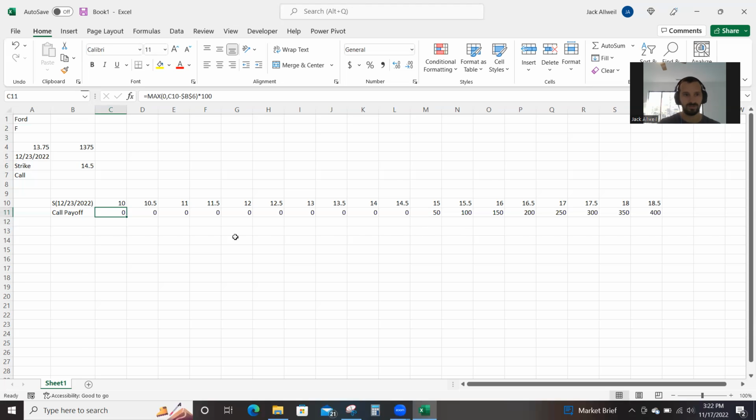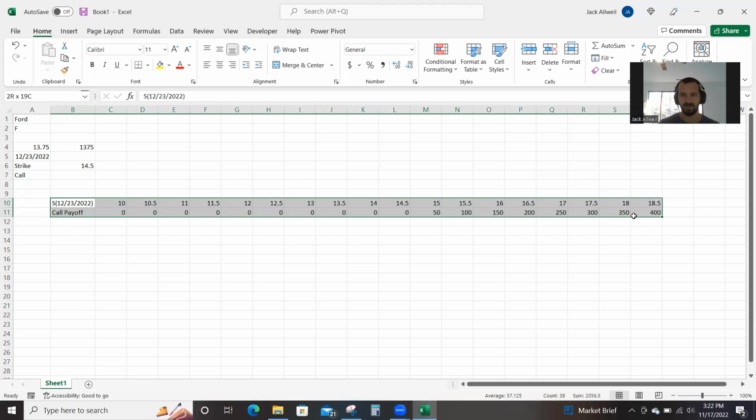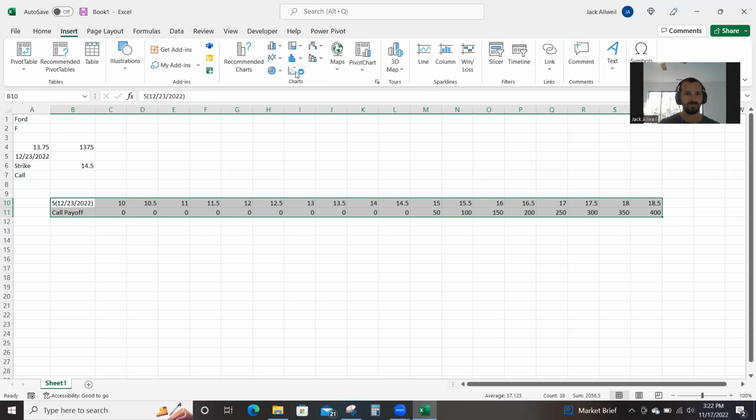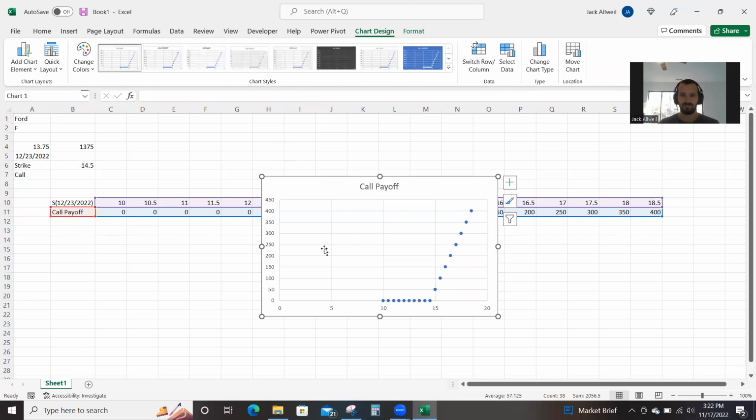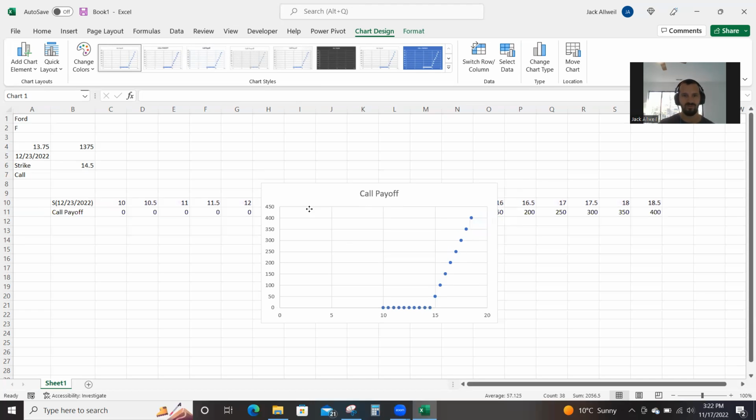So let's visualize that. These are just the payoffs. So you can just imagine this would be all 0. And then at 14.50, it starts going up $1 for every dollar move.